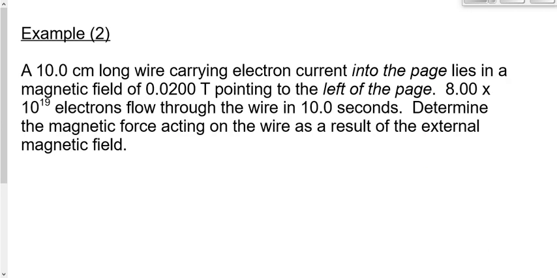So we'll get example 2 that's on the handout that I gave you earlier. This is a 10 centimeter long wire carrying electron current into the page. Electron current just means that we're talking about a left-hand rule here, right? If it was positive particles, it would be a right-hand rule.